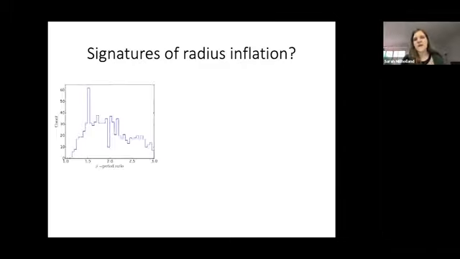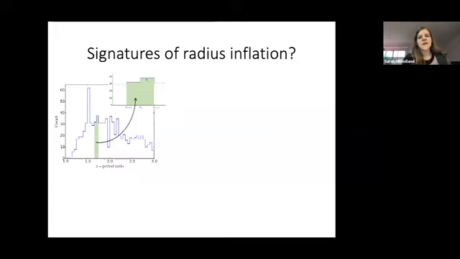To do this, I'm going to look at how the planet radii compare across the entire period ratio distribution. This is just the period ratio distribution, binned into bins of width 0.05. Then I want to look at adjacent bins in the distribution. Here are two randomly selected adjacent bins.